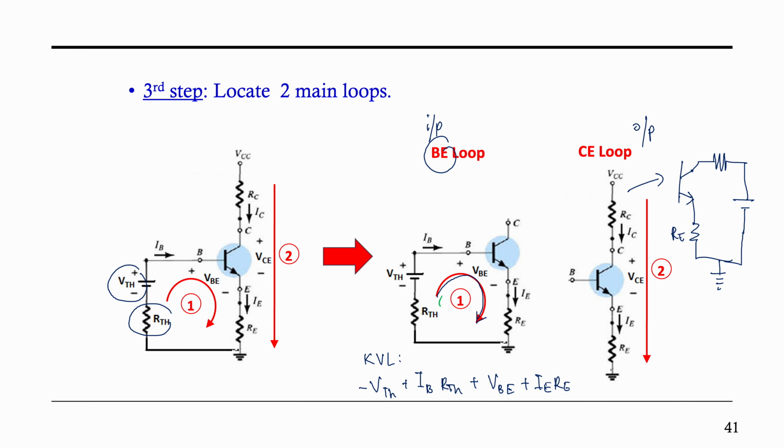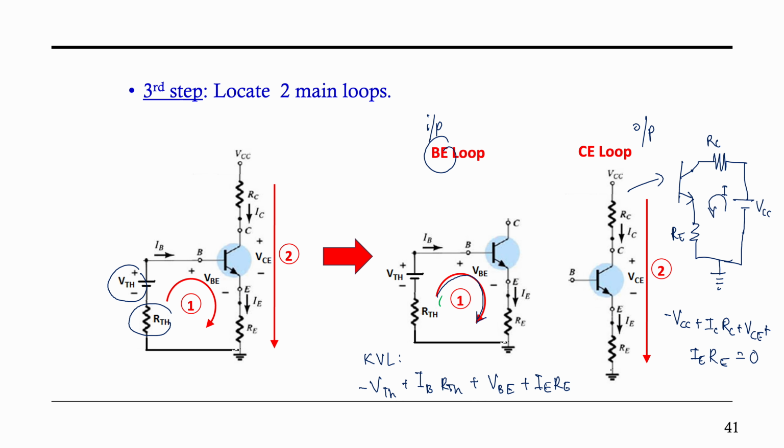This is your RE, this is your RC, this is your VCC. So it's going to be like this, the current flow. So your KVL is going to be negative VCC plus IC RC plus VCE plus IE RE, same as before. Right?